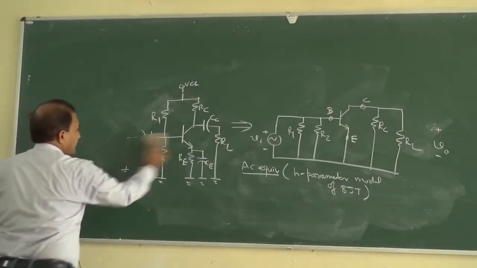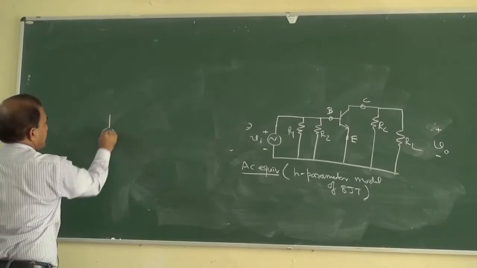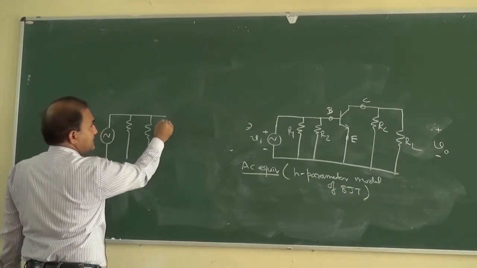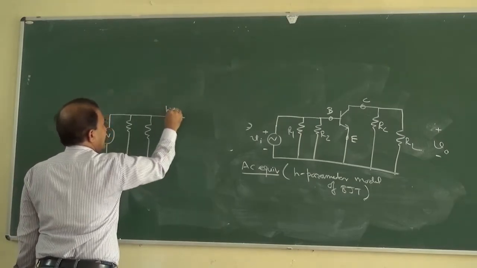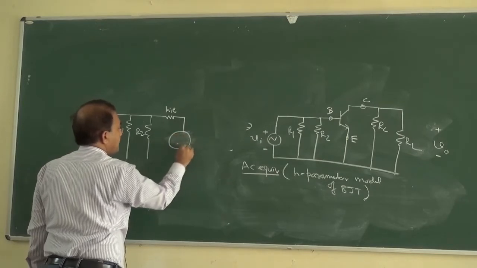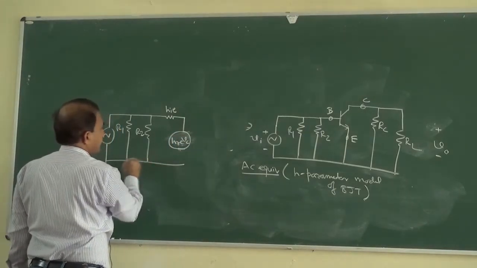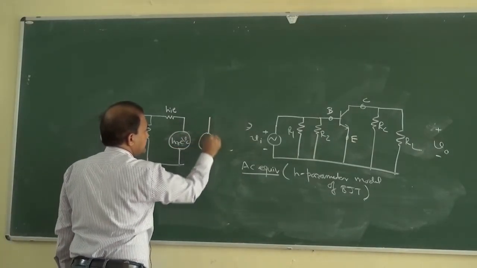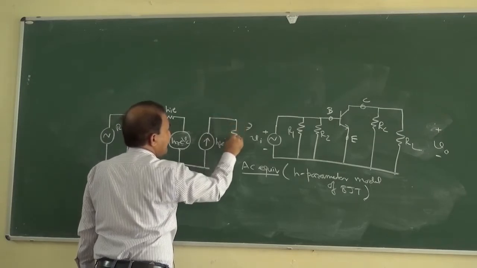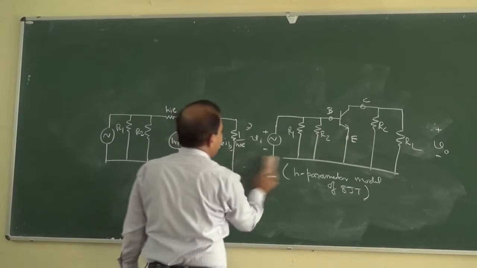So it will look like this: HIE, this is R1, this is R2, this is HRE into VC, and here it is HFE into IB, and like this it is 1 by HOE. Then RC and RL.